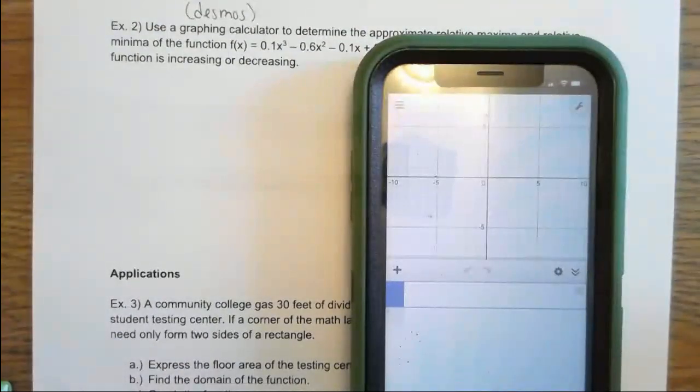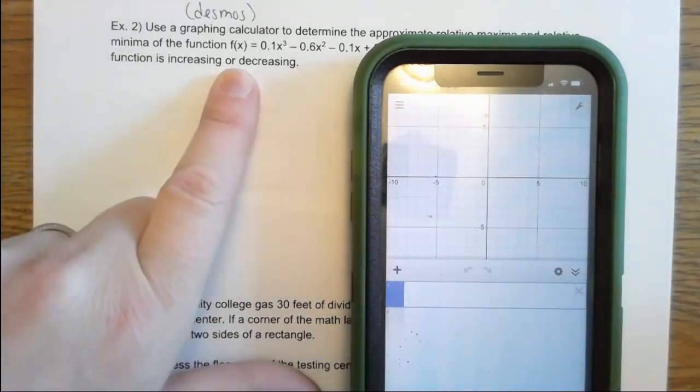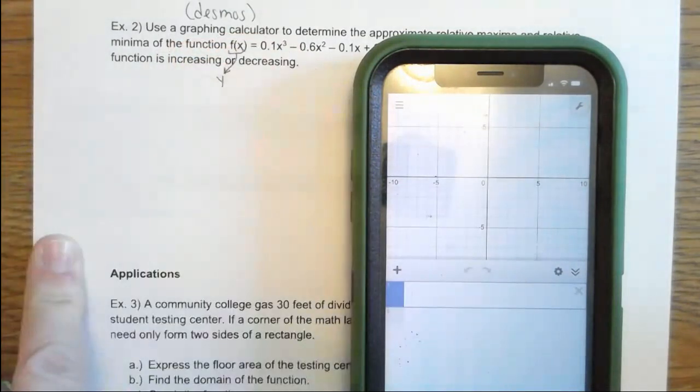All right, so what I can do here is type in my function that's given. I'm just going to type it in like it reads here. If you want to use f of x, you can. If you have trouble typing that, you can also just use y.